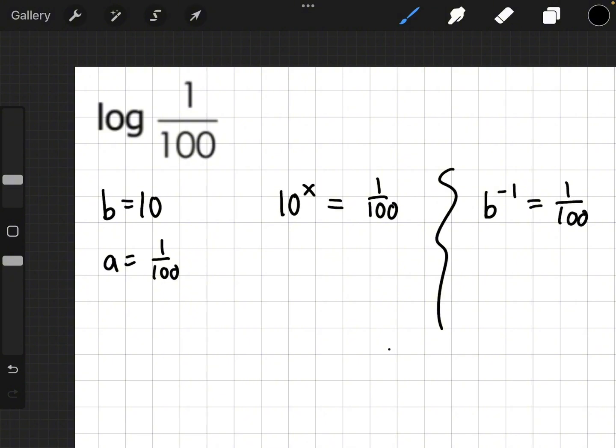So this tells us that x has to be negative. What value of x will make 10 become 100? 10 to the power of negative 2 equals 1 over 100.